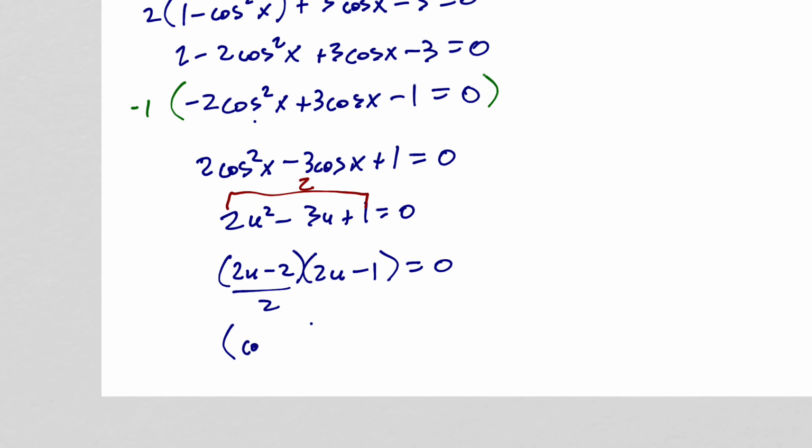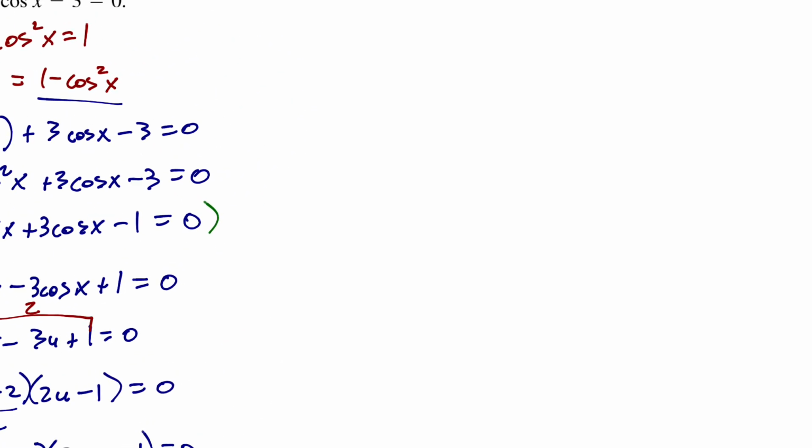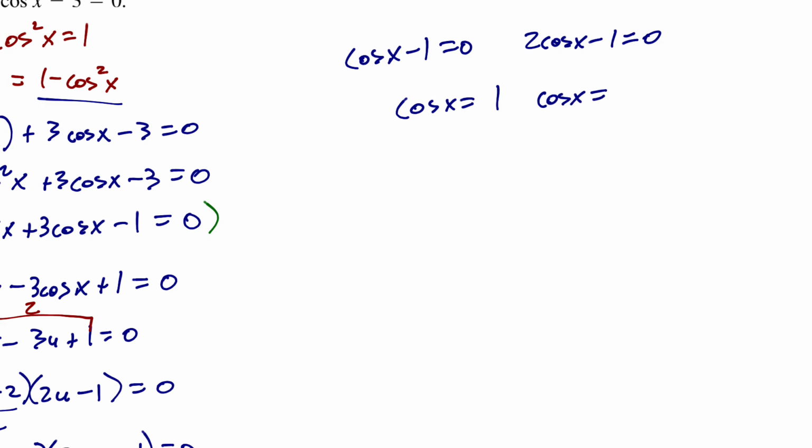So I have cosine x minus 1 times 2 cosine x minus 1 is 0. Go ahead and separate those and set them individually equal to 0. So cosine x minus 1 is 0, and 2 cosine x minus 1 is 0. So I get cosine x is 1 and cosine x is 1/2.